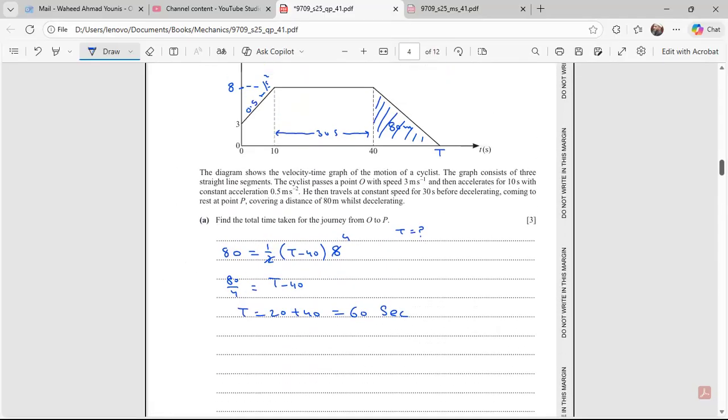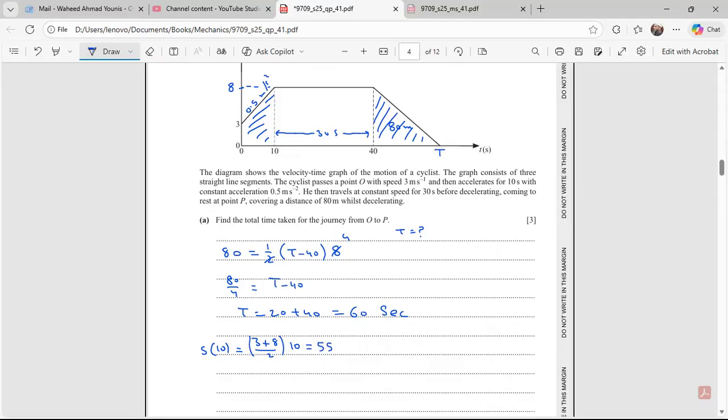Okay, so you see, after 10 seconds, the displacement at 10 seconds is equal to the area under this trapezoid. And that would be 3 plus 8 divided by 2 times the base, which is 10. Okay, so how much is this? I calculated it here. So this is going to be 55.